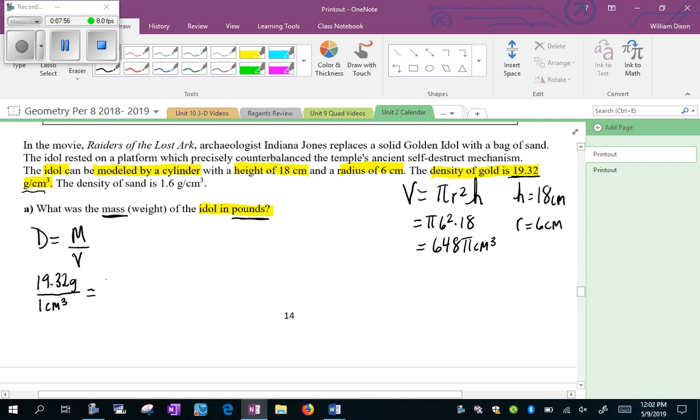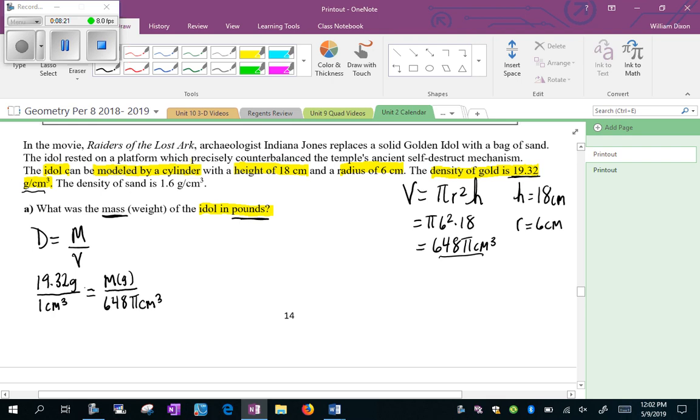I'm looking for my mass, so I'm going to put M, in terms of grams, divided by my volume. Well, I just found it, so I'm going to substitute that in: 648 pi centimeters cubed.